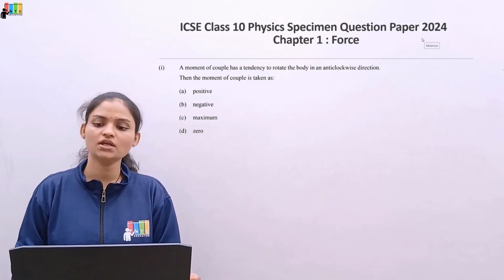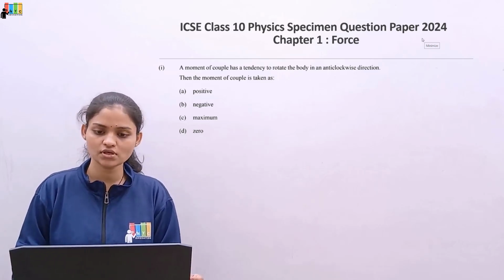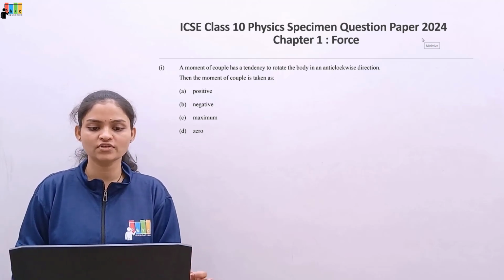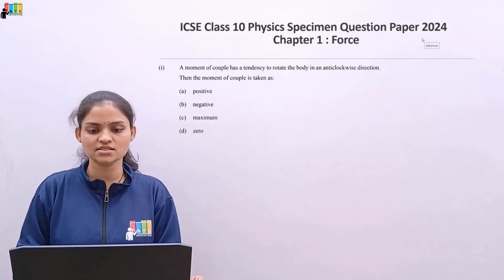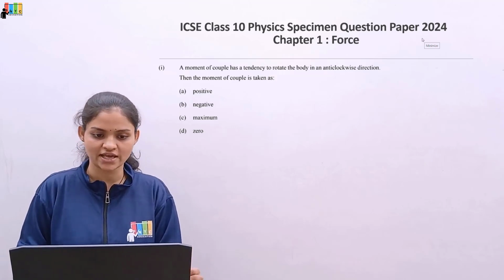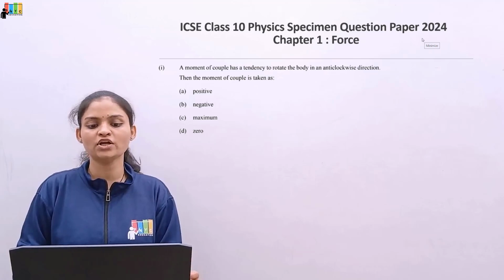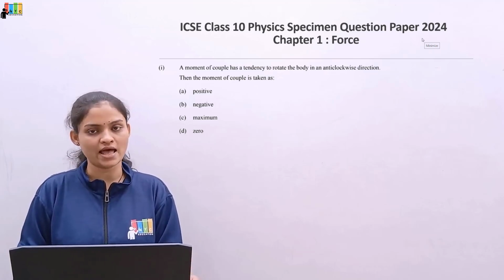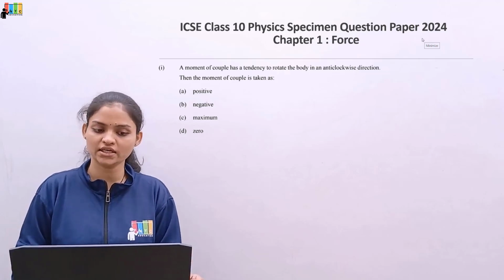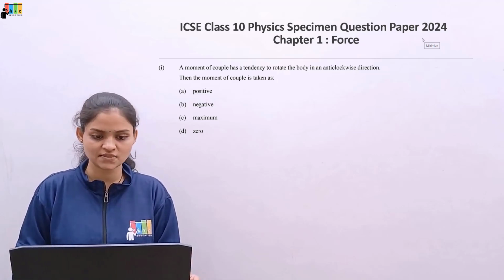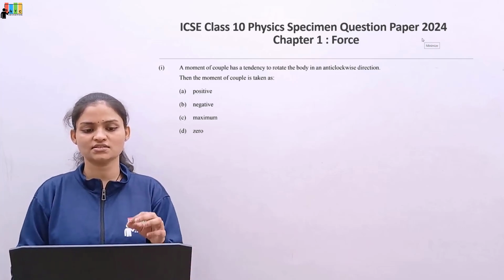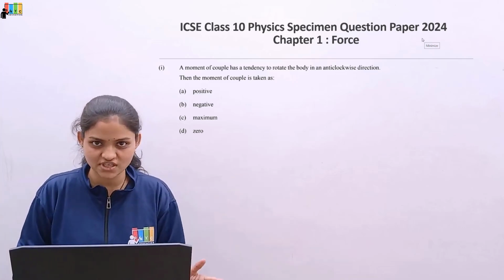Specimen question paper 2024. The question is, a moment of couple has a tendency to rotate the body in an anti-clockwise direction. Then the moment of couple is taken as option A positive, option B negative, option C maximum, and option D 0. As you can see, it is similar to the previous question.